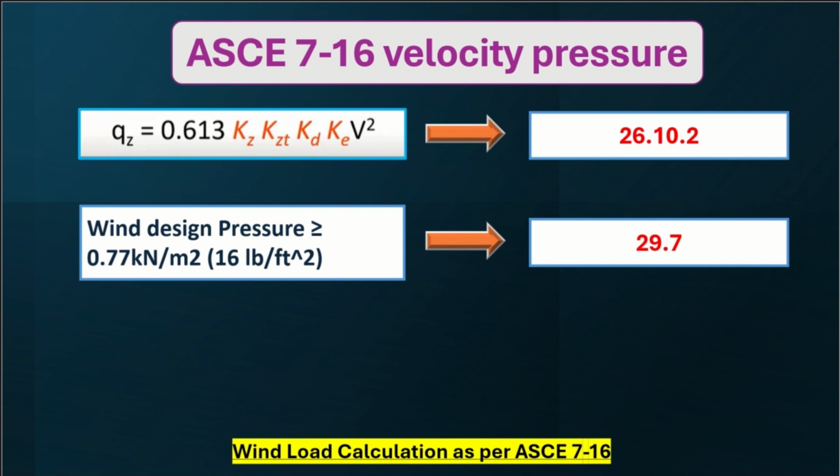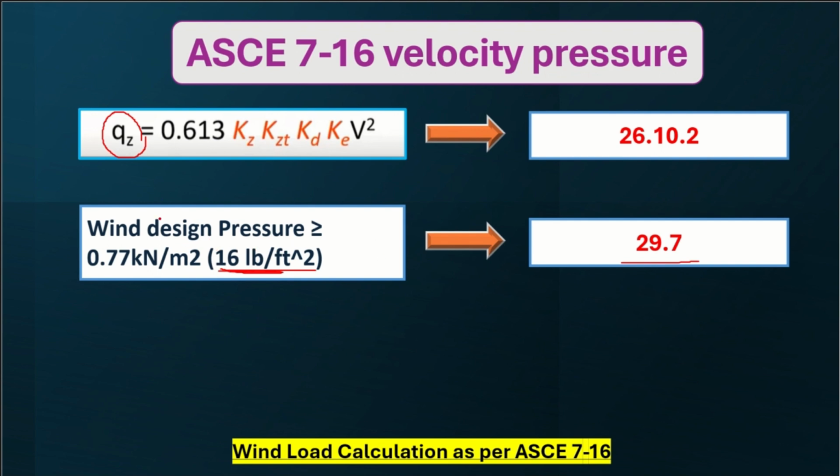If you open the code book ASCE 7-16 chapter 29 and clause 29.7, this clause sets a minimum threshold for wind loading to ensure safety, especially when the calculated wind pressure is very low. If your calculated wind pressure as per this formula is less than 16 lb per square feet, then you need to consider the wind pressure as 16 lb per square feet.